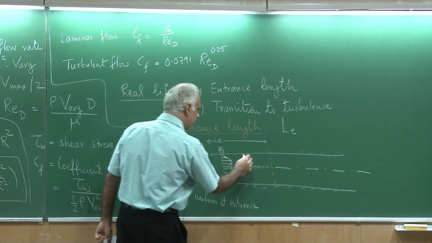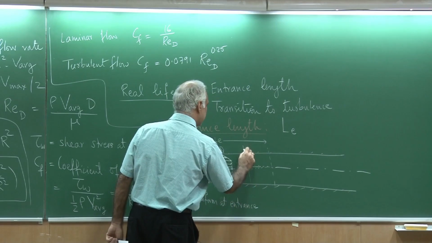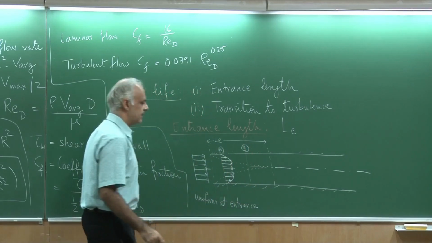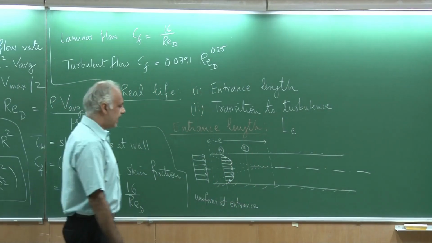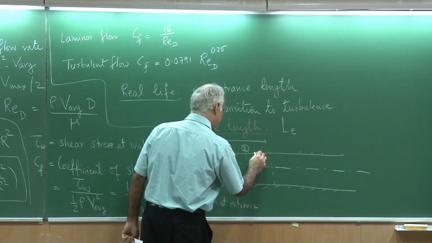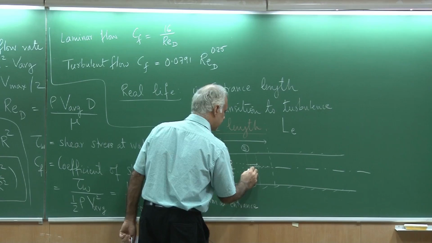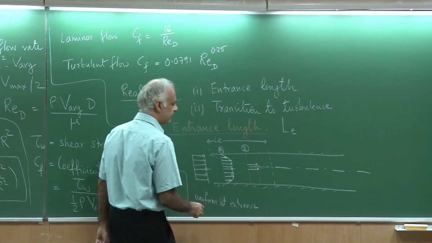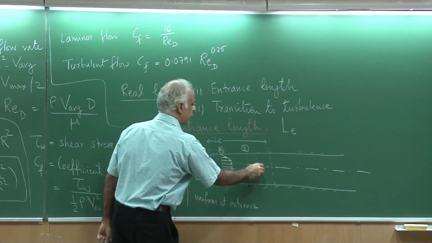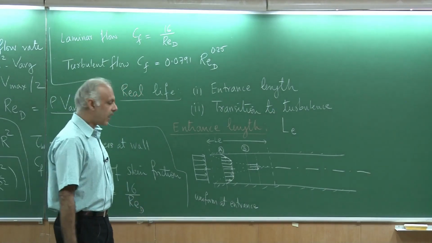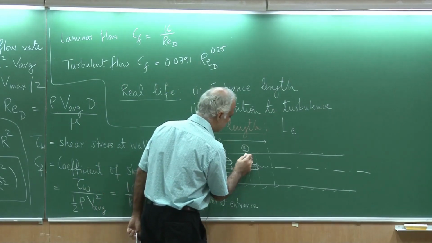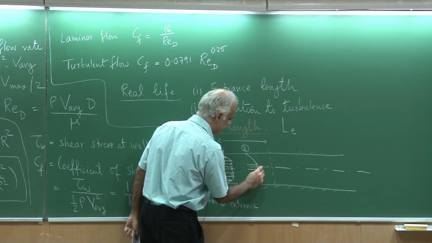On the other hand, if I look at a profile at location B, then I am going to see that at the center, up to this region, I again have a uniform flow, but now the viscous effect has reached up to this point.